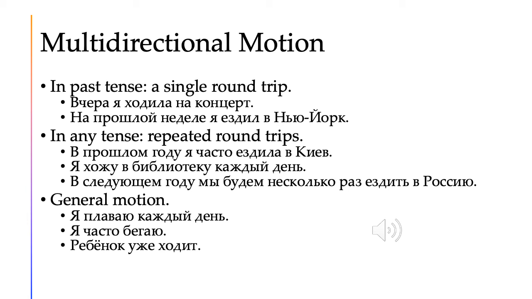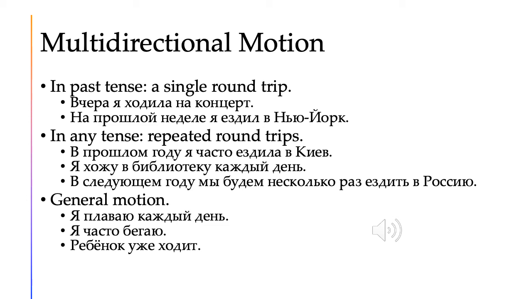We also use these multidirectional verbs of motion for general motion or aimless motion, motion with no goal, or motion that is just being done for the sake of motion. For example, «Я плаваю каждый день». I swim every day. There's no indication of where you swim to, and you're not swimming anywhere. You're probably swimming laps at the pool or something.